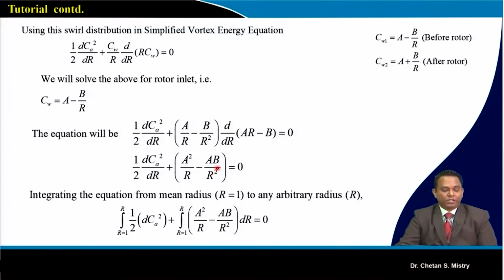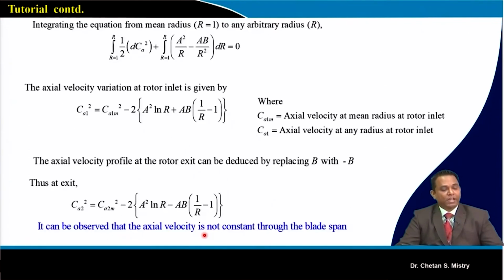For the sake of simplicity, we consider the mean radius, where R by Rm is 1. I put this as one limit, and an arbitrary radius R. Putting the limits for integration, R equal to 1 to R, and integrating this equation and simplifying, my axial velocity at the entry is Ca1 square equal to Ca1 at mean station square minus 2 A square natural log R plus AB into 1 over R minus 1.